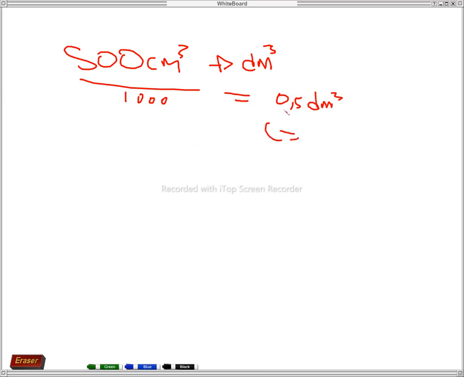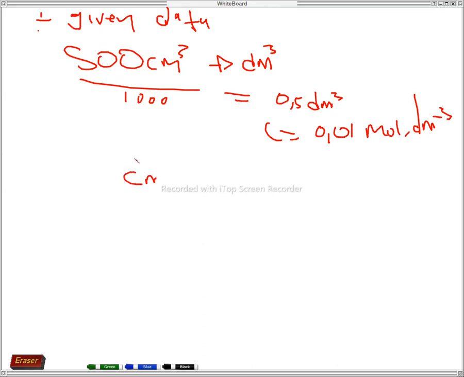We also have the concentration. This is the given data. The concentration is 0.01 mole per decimeter cubed. So we can use the formula where concentration is equal to the number of moles over the volume.